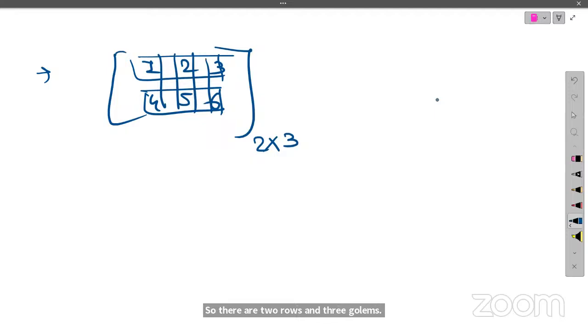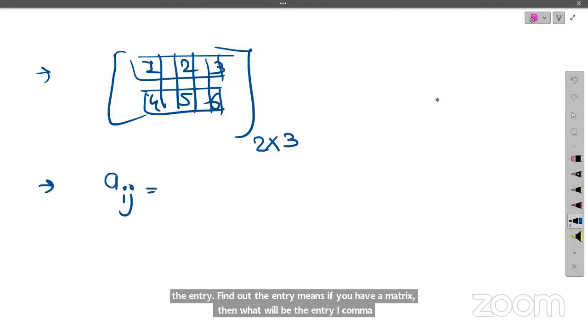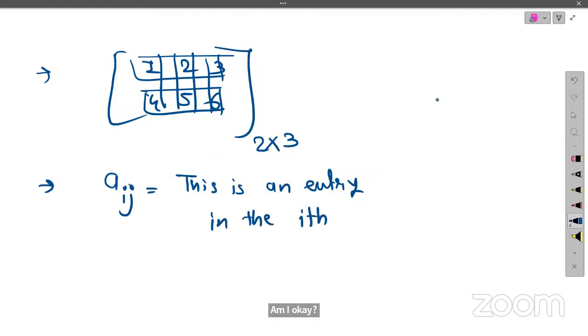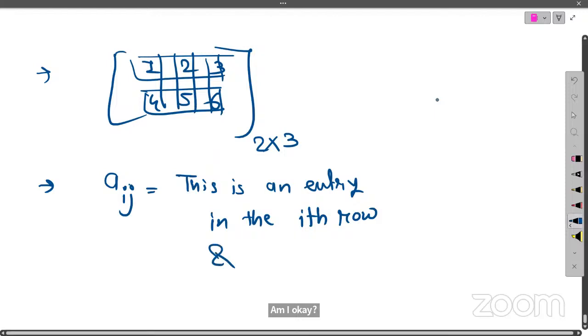Now in every matrix, we have a precise way to find out the entry. If you have a matrix, then what will be the entry i, j? So Aij will be the ijth entry. That means this is an entry in the ith row and jth column of the matrix.